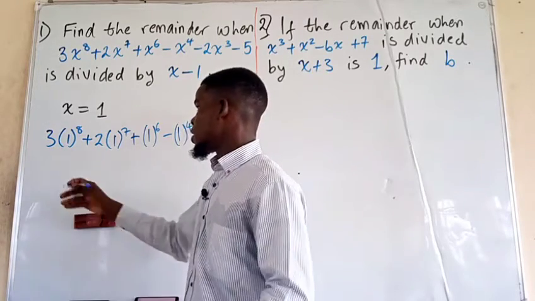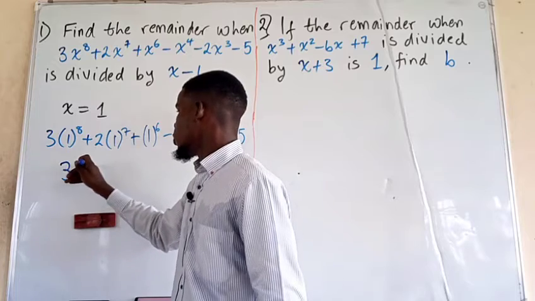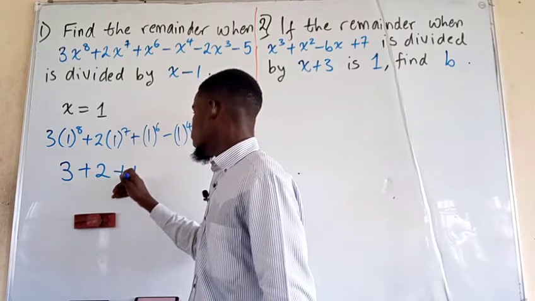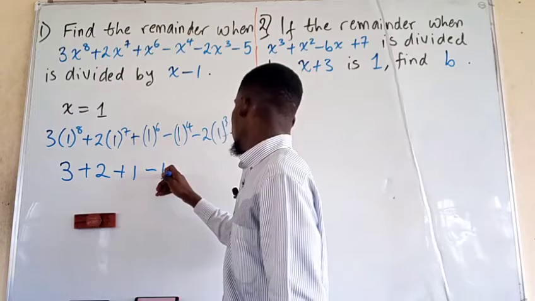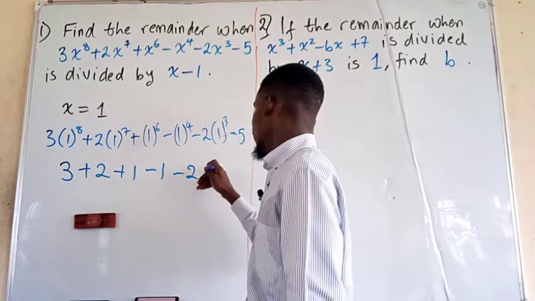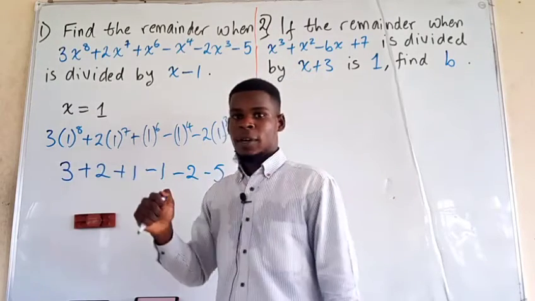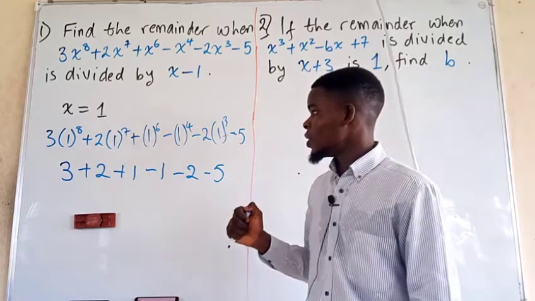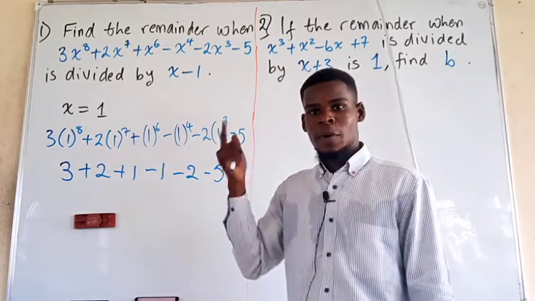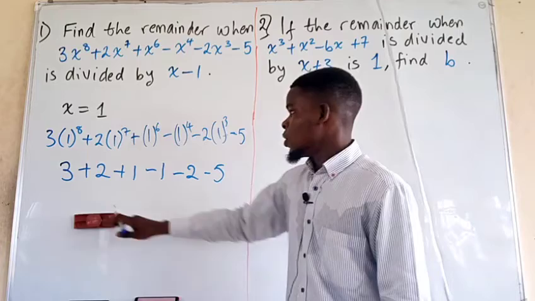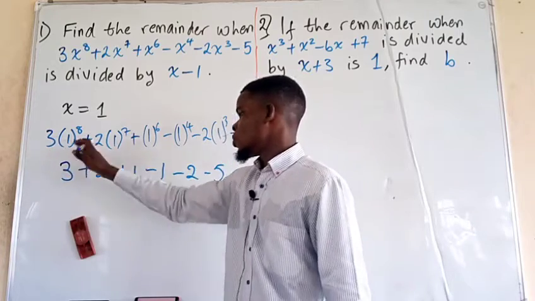So we can simplify this down to 3 plus 2 plus 1 minus 1 minus 2 minus 5, knowing that 1 raised to any power, provided that power is a real number, the result is going to be 1. So we have 1 times 3 and so on.